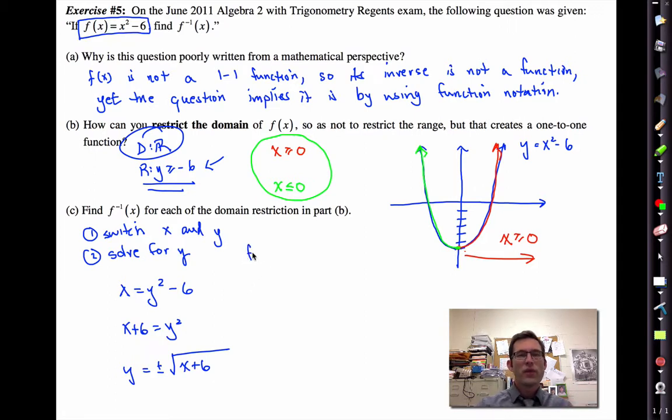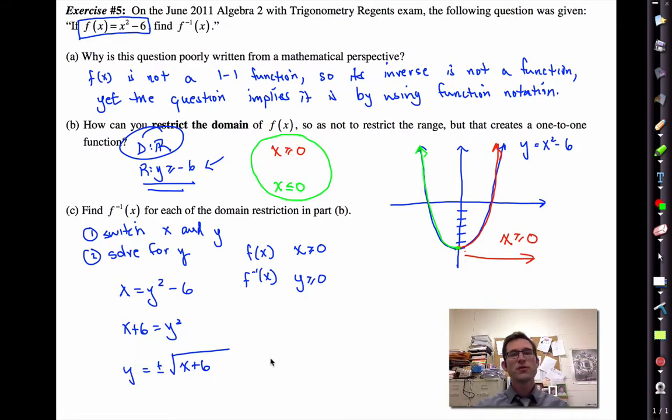All right, we've really got two functions here. We've got f of x and we've got f inverse of x. Now, when we say that x is greater than or equal to 0, that translates in f inverse to y greater than or equal to 0.